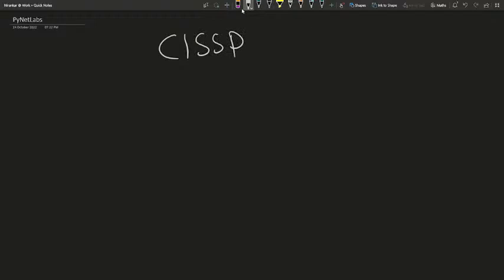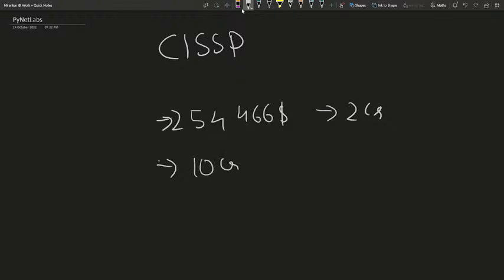The average salary for CISSP is $25,446, around 2 crores. This is the average salary. As for the highest salary, I'm going to say most of the cybersecurity people or CISOs have a highest salary of 10 crore in India. Those are the terms of CISSP.